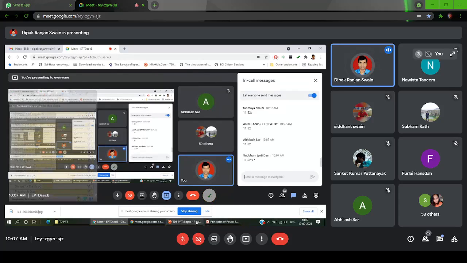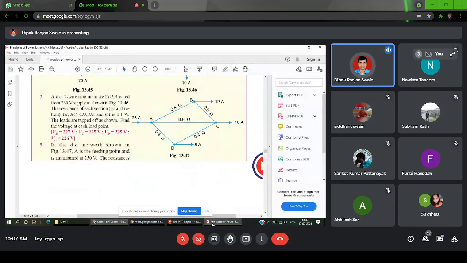Now, once that voltage is done, then we will be going for finding R Thevenin. This R Thevenin is the equivalent resistance between the point A and C. Always remember, this is not there. This 0.8 ohm we have removed. Okay. So there are two paths. One path is through this one between A and C. Another path is through the point B. So what will be the equivalent resistance between A and C?